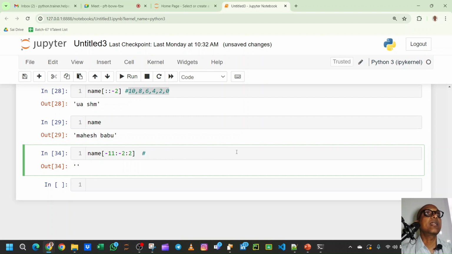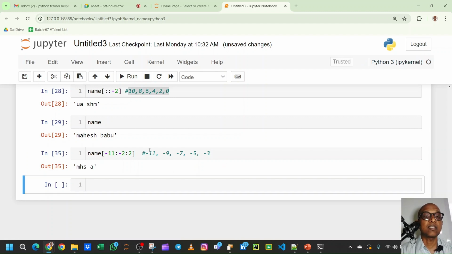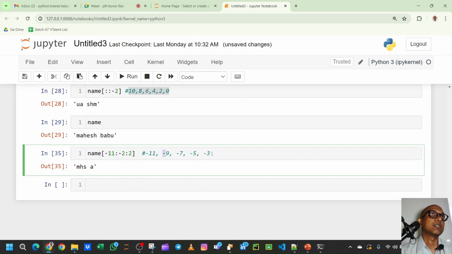First, Python is going to get the character present at -11, then -11 plus 2, -9, plus 2, -7, -5, -3, -1. Is -1 included? No, because -2 is the limit. So maximum -3 is what we can get. So it gets the characters present at -11, -9, -7, -5, -3. That's it. Clear?